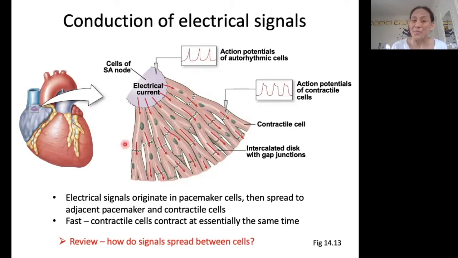Okay, so remember that we have gap junctions in these contractile cells. And actually the pacemaker cells are connected to the contractile cells by gap junctions as well. And so we have the action potentials from the pacemaker cells able to spread to the contractile cells and then on to adjacent contractile cells through these gap junctions.